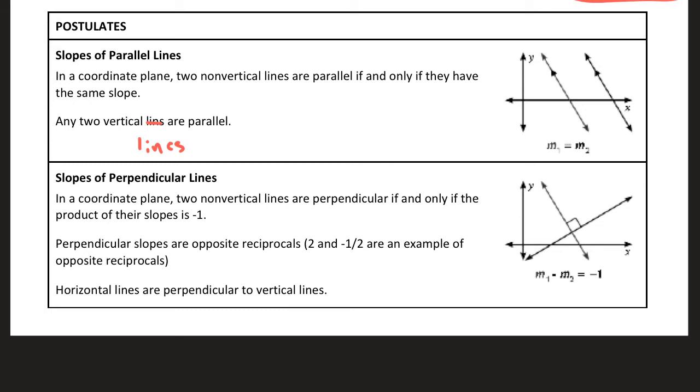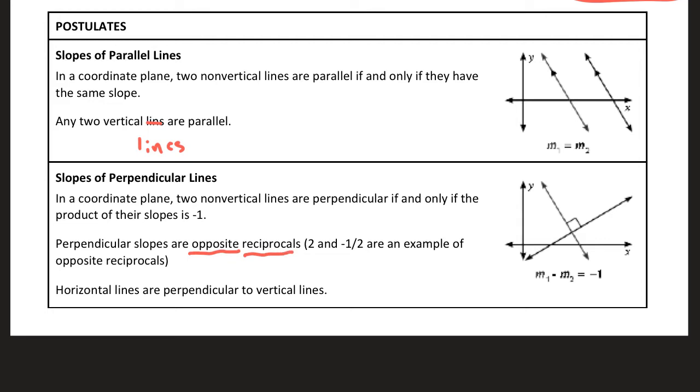And then perpendicular lines, this is important. Perpendicular lines are two non-vertical lines that cross at a 90-degree angle. Perpendicular slopes, I want you to understand, are opposite reciprocals of each other. So opposite meaning opposite sign. One is negative, the other is positive. Reciprocals, I showed this.